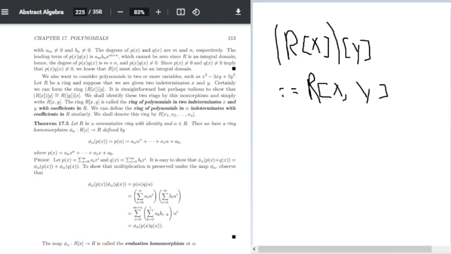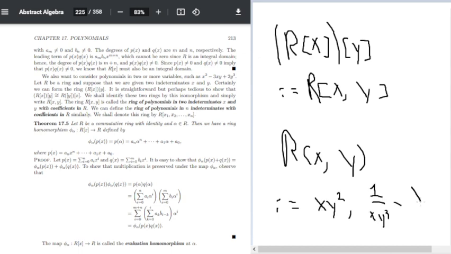We shall denote this ring by R of x1, x2, all the way to xn. Note something important here. Note these square brackets. So what we commonly have is, in a lot of literature, we'll also have R of x, y written with round brackets, which basically allows expressions such as xy squared, but also 1 over xy cubed minus x squared over 2y.